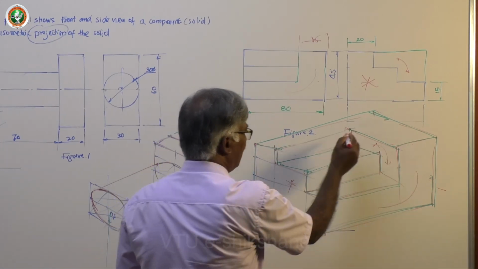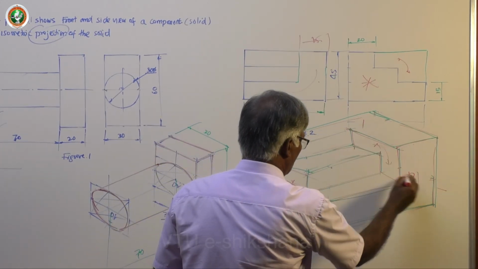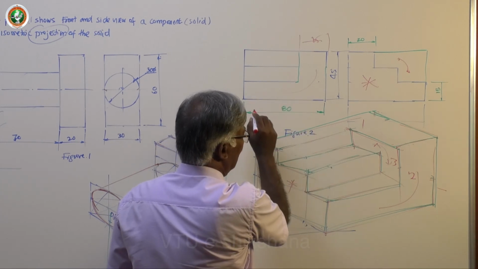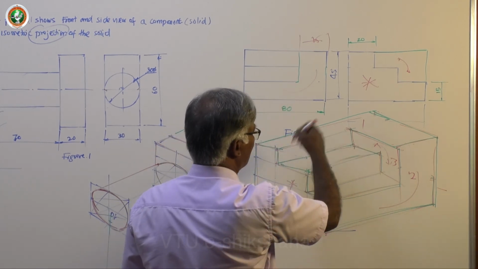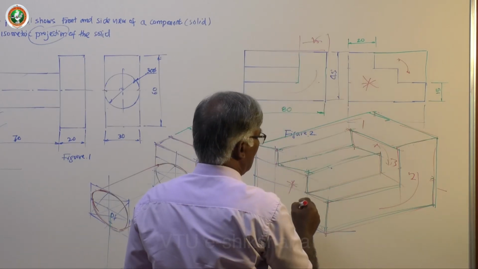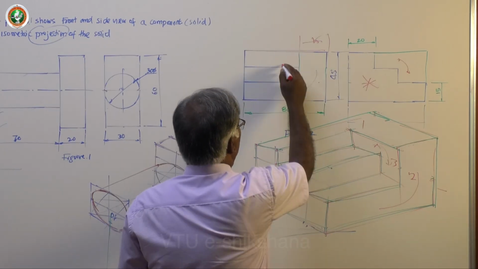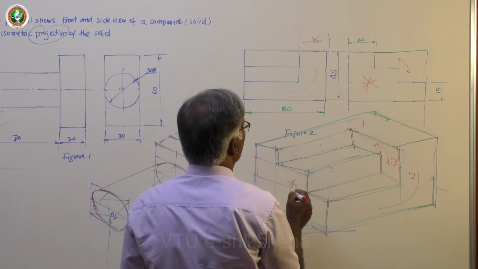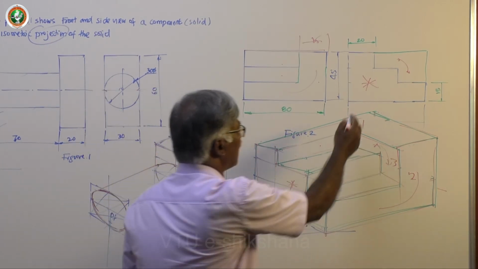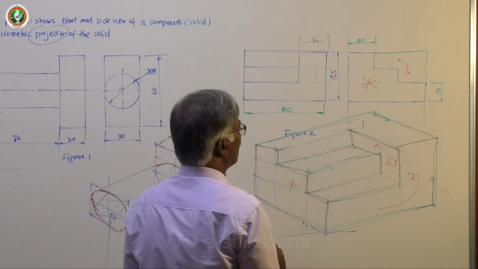So surface 1, surface 2, surface 3 I can say. I can represent surface 1 here. Surface 1 I cannot see because it's the top view. This is the reference, and these two are representing this one and the parallel surfaces. So this is the surface here.